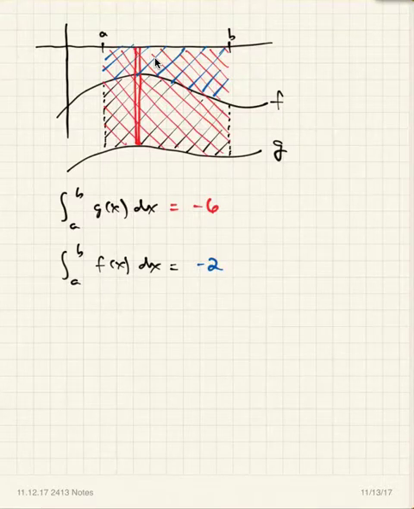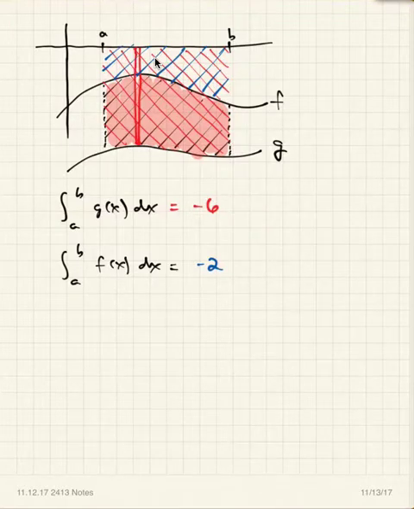Then what would be the area of the region we were really after? Remember, that's this shaded region right in here. And notice if the integral over the red shaded region is -6, and the integral over the red striped region is -2, then the difference in those is 4.